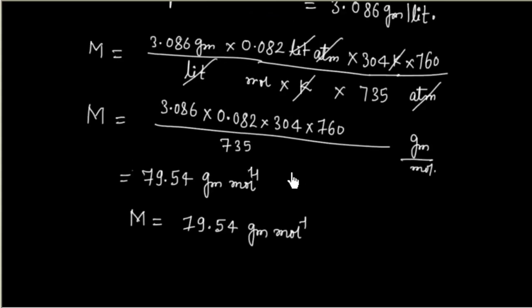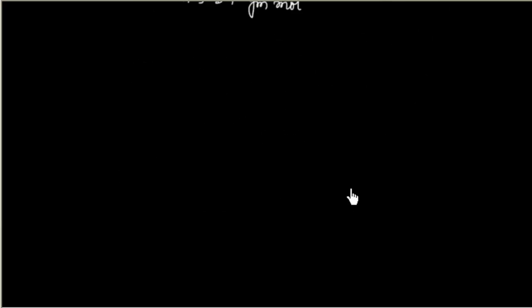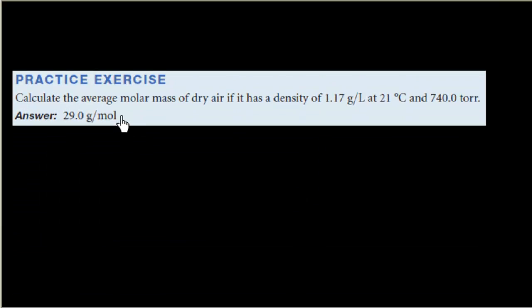So let us try a practice exercise. Calculate the average molar mass of dry air if it has a density of this, the temperature is given and the pressure is also given. So you can try yourself. This is a straightforward question.